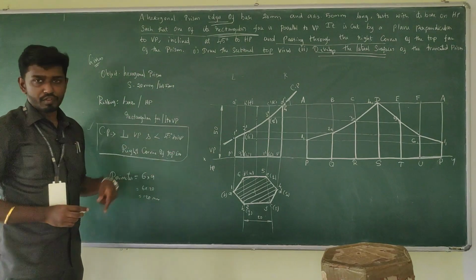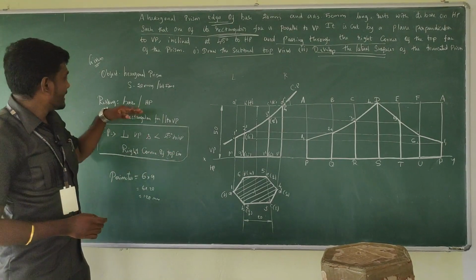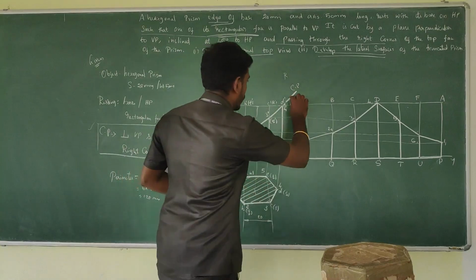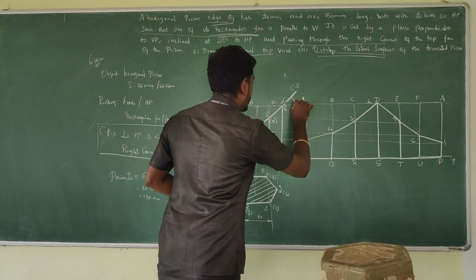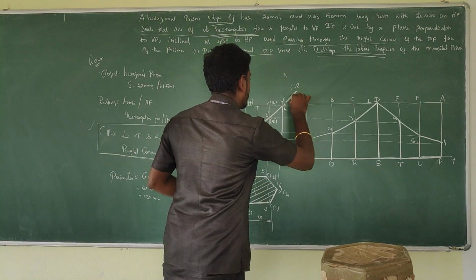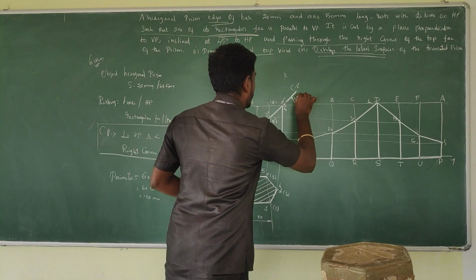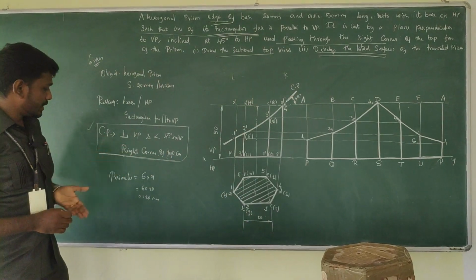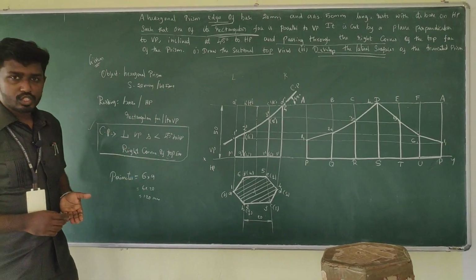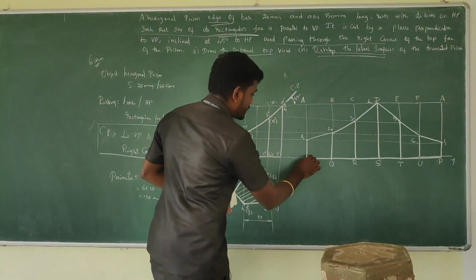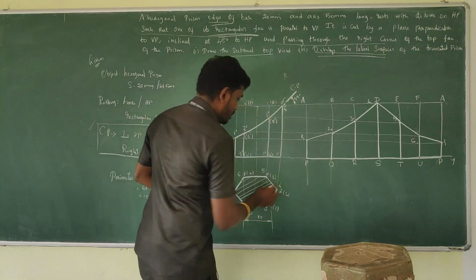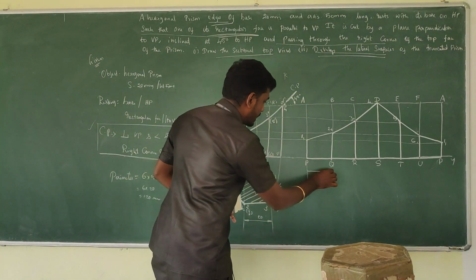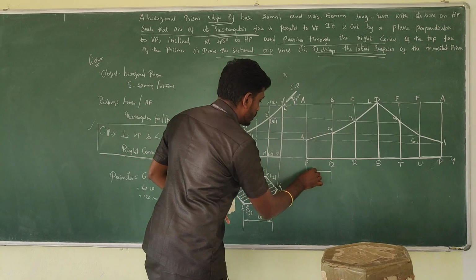And next, the inclination of the cutting plane is 45 degree. So here you can make 45 degree, something like this. Any other things need to be shown here? For each of the sides we have taken the reference of the base side.